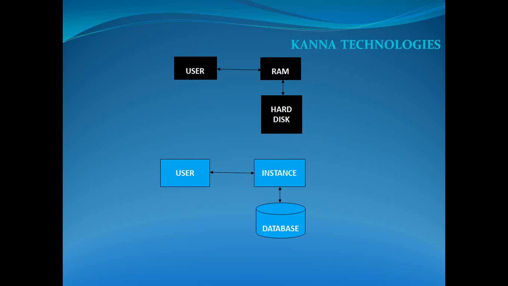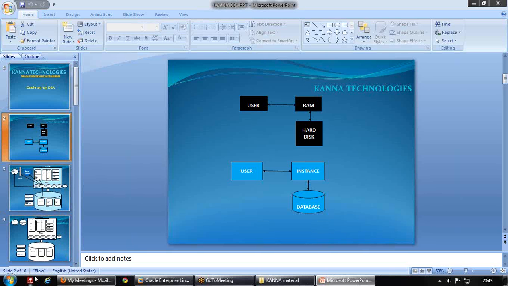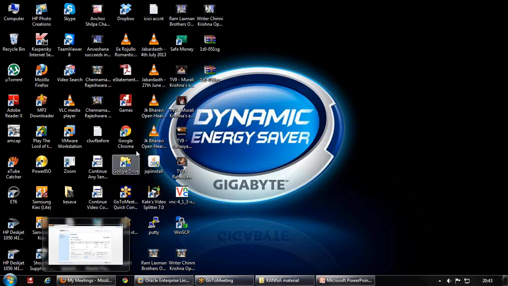This request will go to the operating system, and whatever file or information you are asking for, it is going to check whether this information is already available in the RAM or not. For example, here you can see my screen.